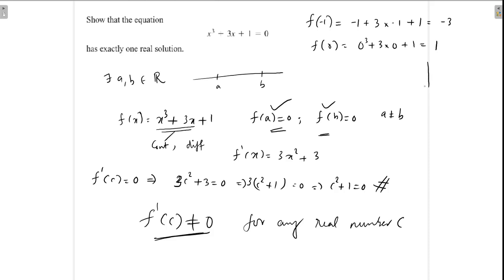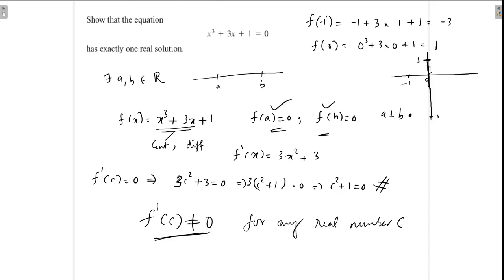That means if you consider the graph of this function, when you evaluate at x = -1, this is -1 and this is our 0. When you evaluate f(-1), you get -3, that is -3 is here. So the graph starts from -1 to 0, and at the point 0 the value is 1.